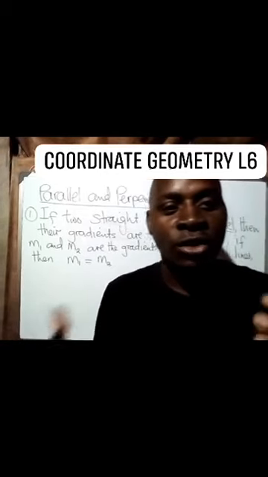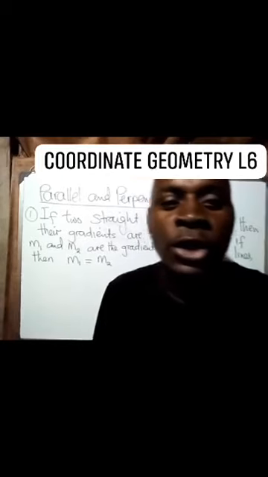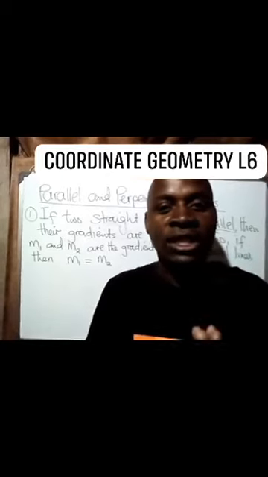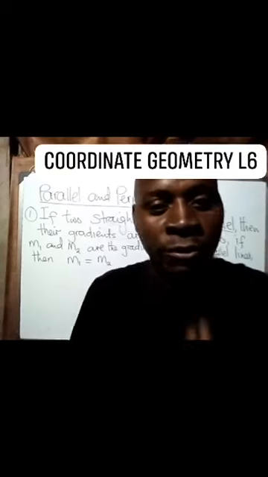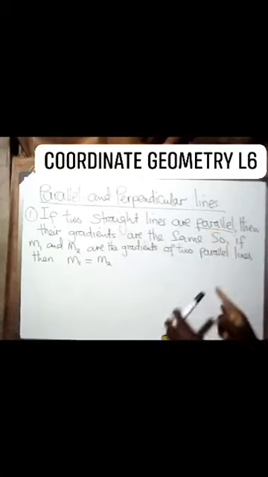If the gradient of line number 1 is +4, this means also the gradient of line number 2 will be +4. So their gradients are the same.